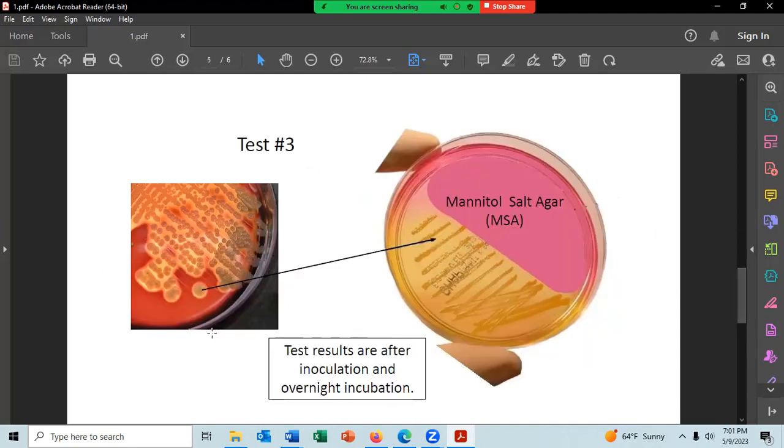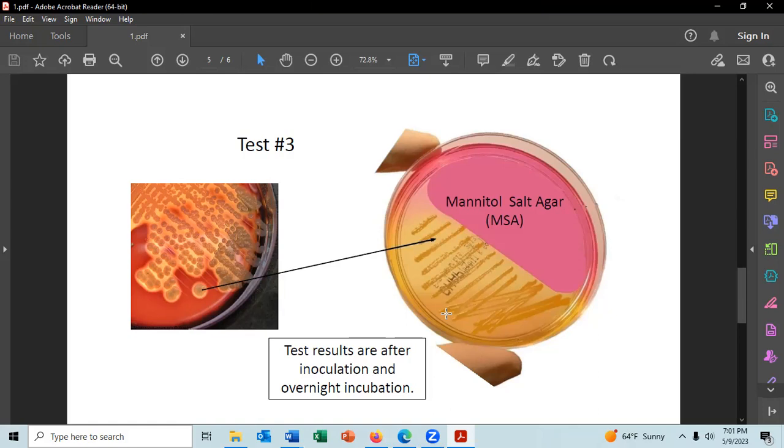And then further, they took some of this bacteria and streaked it on the mannitol salt agar plate. And this is showing you the results of the mannitol salt agar. And I believe we discussed this in a previous lab. If something can grow on mannitol salt agar, that means it's a halophile that likes salt, because mannitol salt agar has 7.5% sodium chloride.